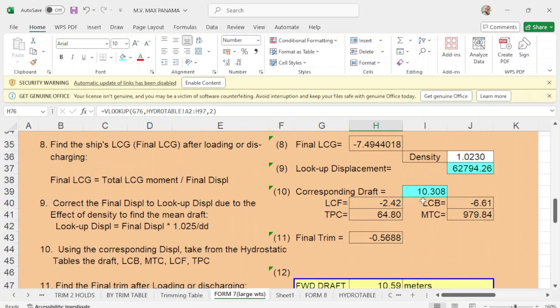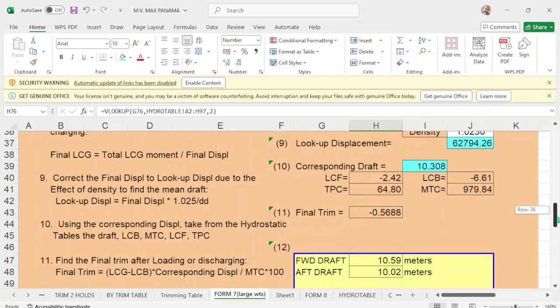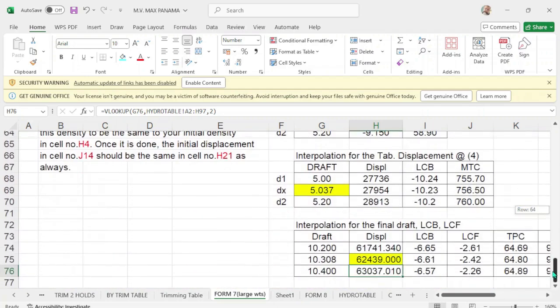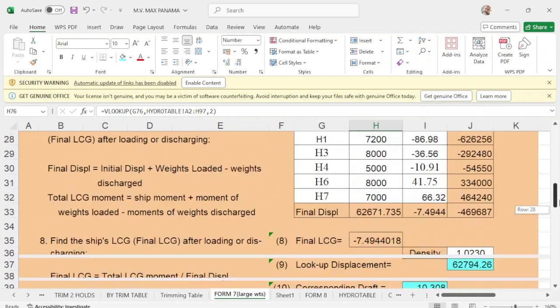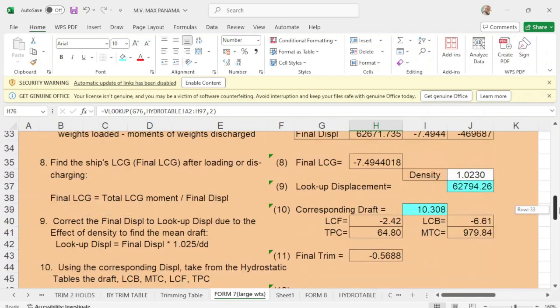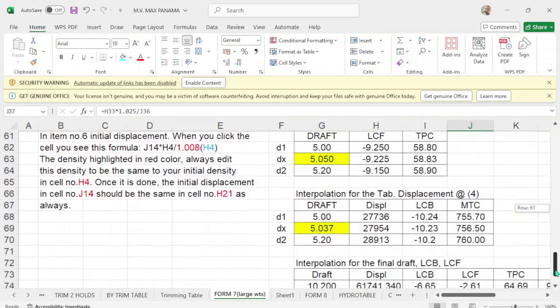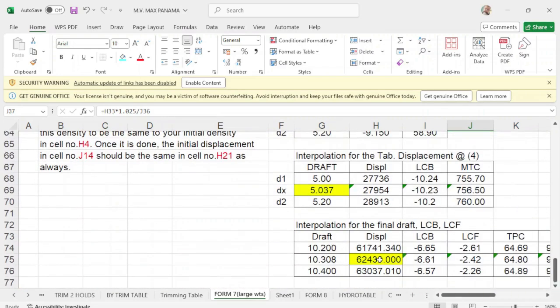This should be 62794. Okay, we could push this 62794.